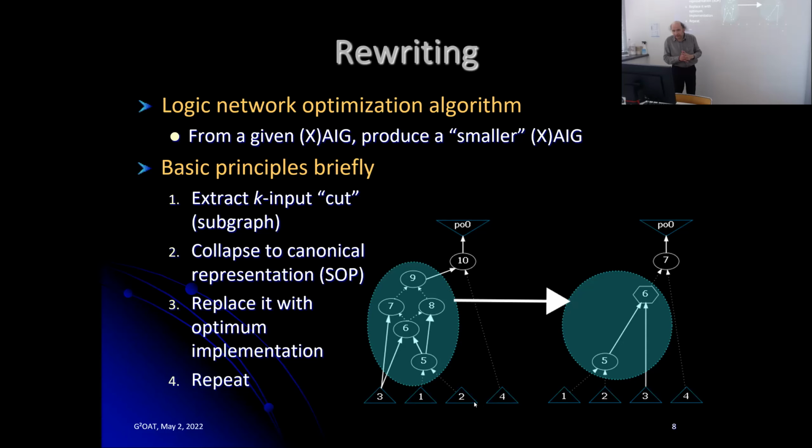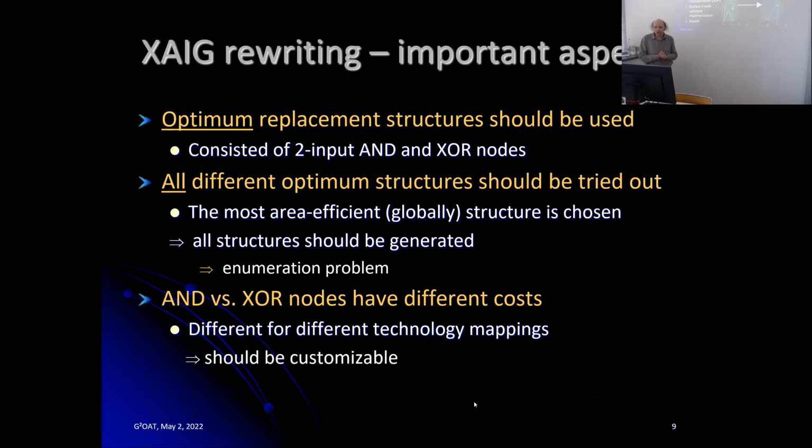In very simple words, I will try to comment on this a little bit more. This process is repeated until you can't get any further improvement. So what are the aspects that could be important for us?